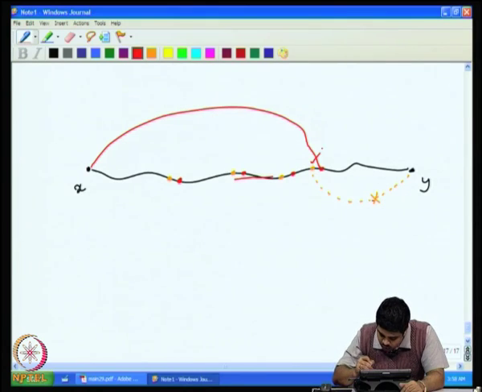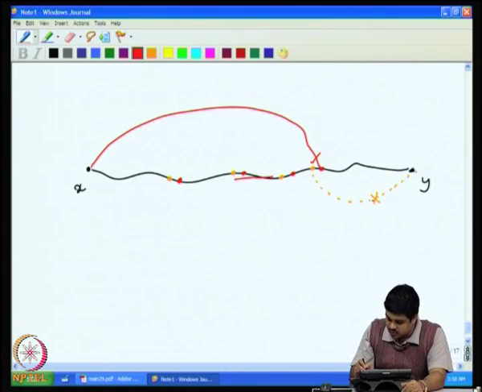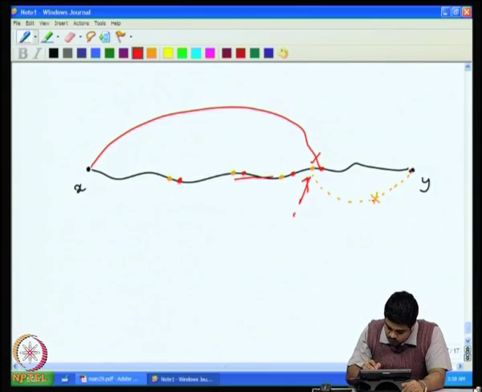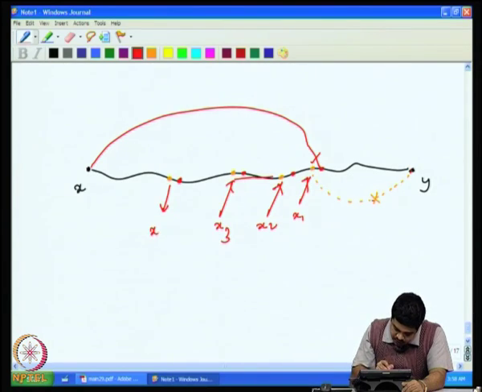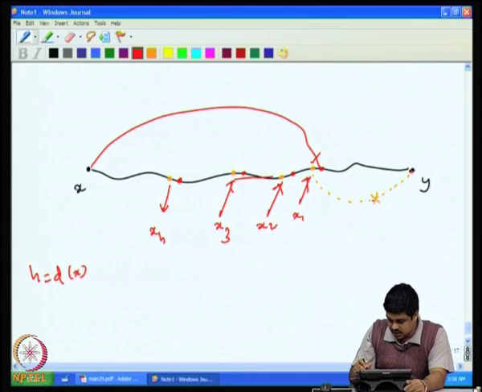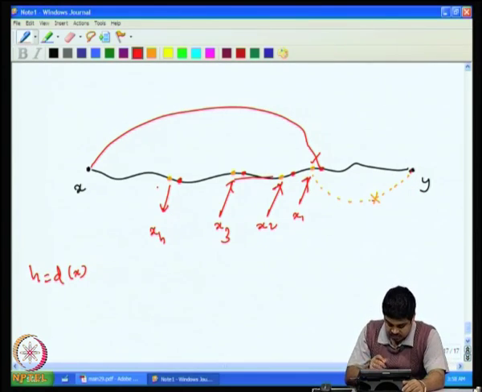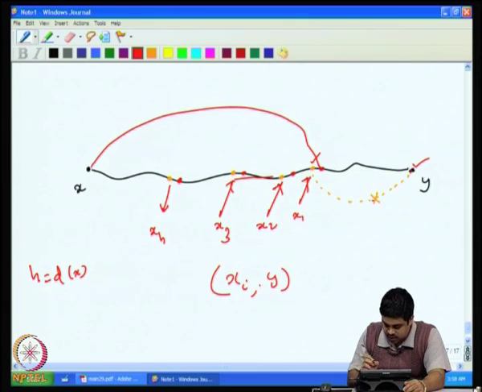In other words, each of these orange vertices, along with y. So, if I call this x1, this is x2, this is x3, and this is xh, where h equals d of x. Each of these x1 to xh is a candidate for a non-adjacent pair along with y, because any xi y pair is a non-adjacent pair.